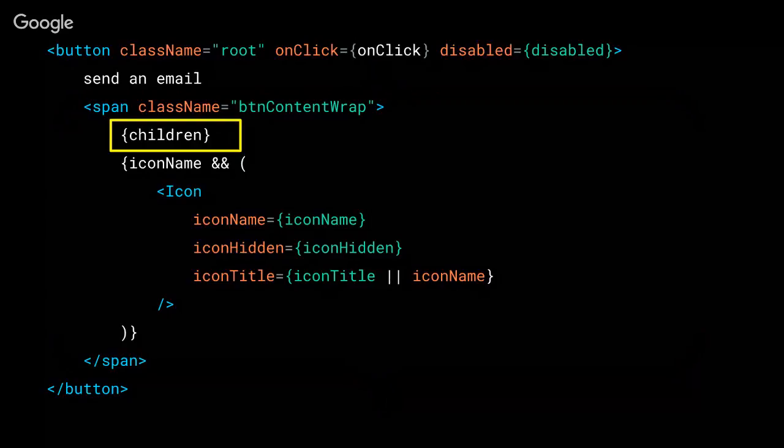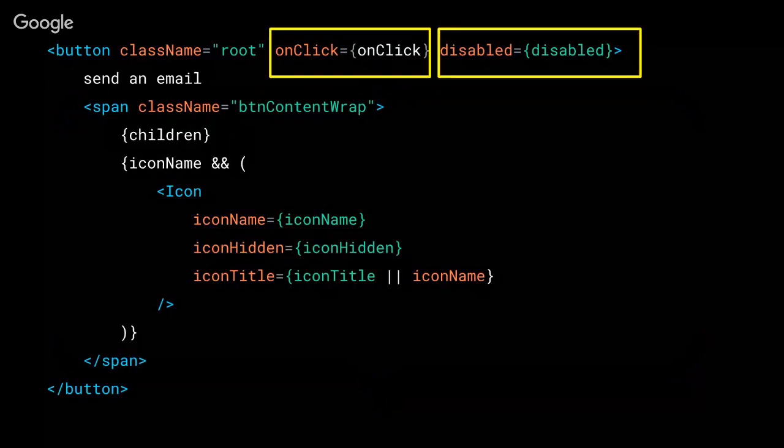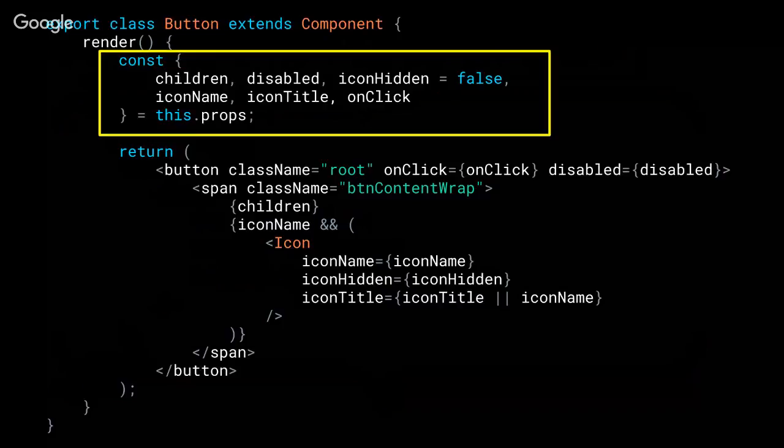Devs will want the ability to pass custom text into the button, so we've added a children prop. We've also added onClick handler support and a prop to set the button's attribute to be disabled if need be. The JSX is popped into the component's render method, and we add some props to support this component.